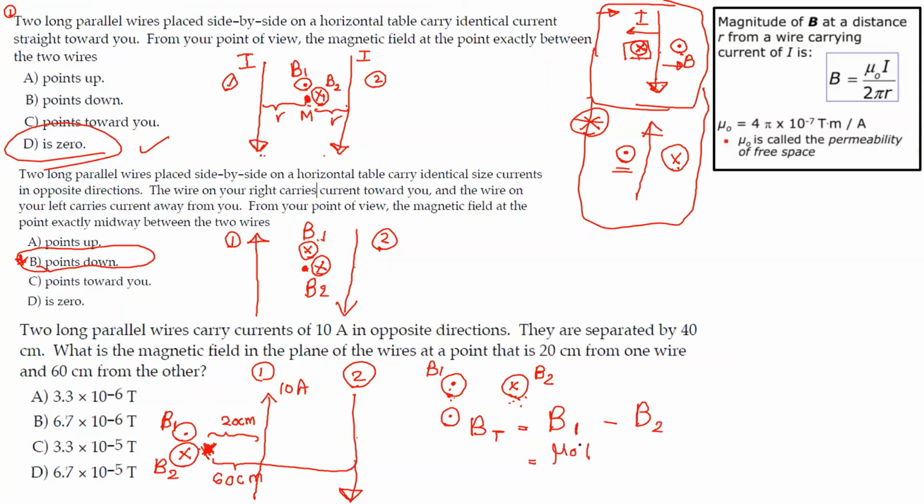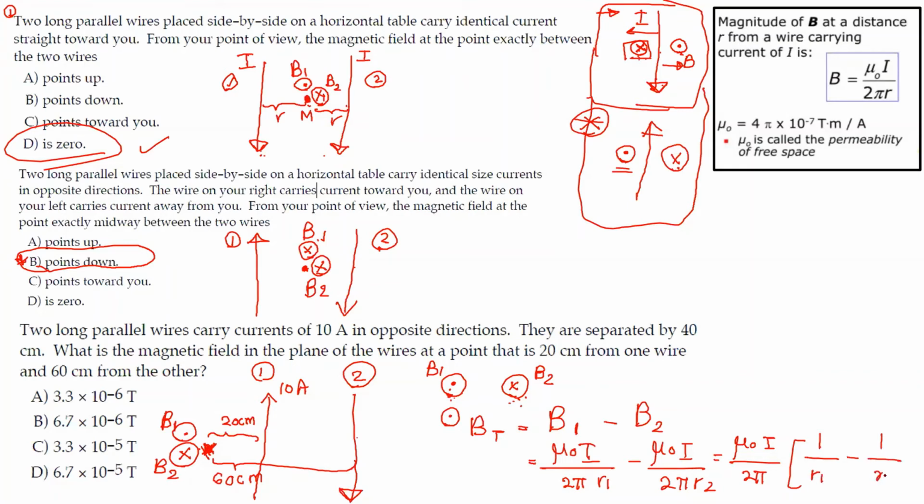Mu naught I over 2 pi R1 minus mu naught I over 2 pi R2. I'm going to substitute the values at the end. Mu naught I over 2 pi is common, so I'll take them out.